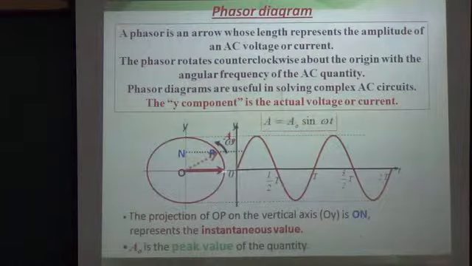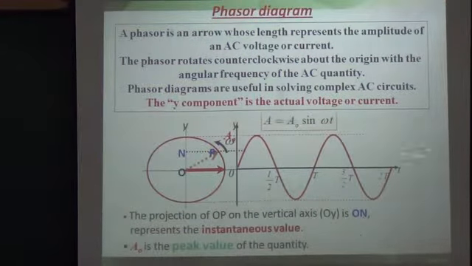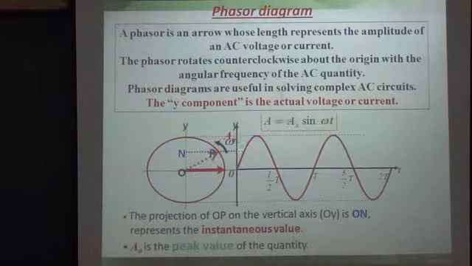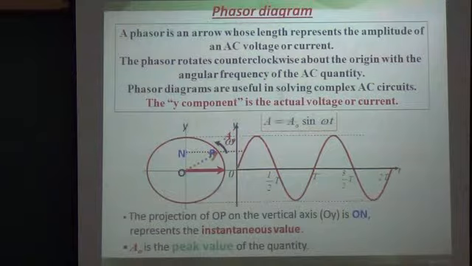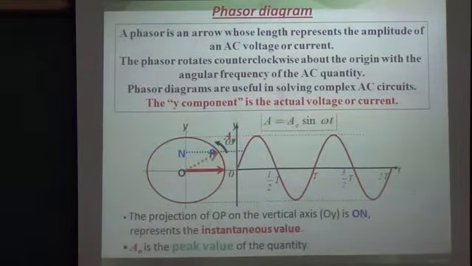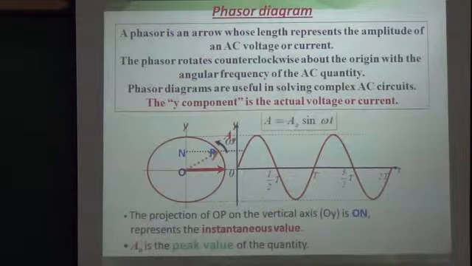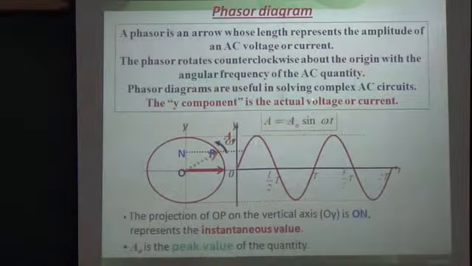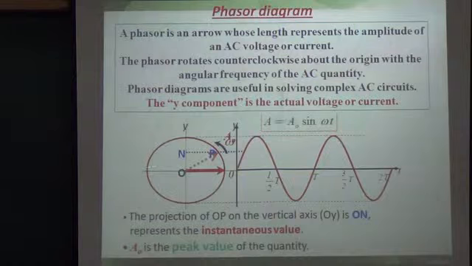And as this point moves on the circle, I go from here to here. So rather than drawing it like this, because it is repeating after 360 degree, I can always show everything like this, using just a vector whose amplitude gives me whatever is my AC, whether current or voltage, and it rotates counterclockwise. Now depending upon whether you take A as A0 sin omega t or cos omega t, you will get the magnitude here.